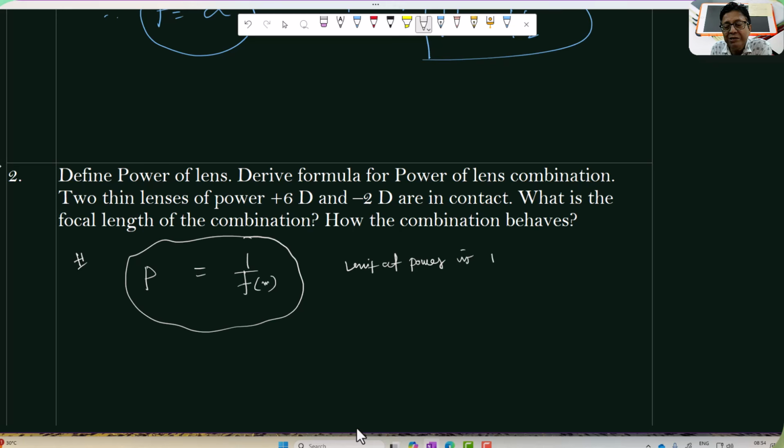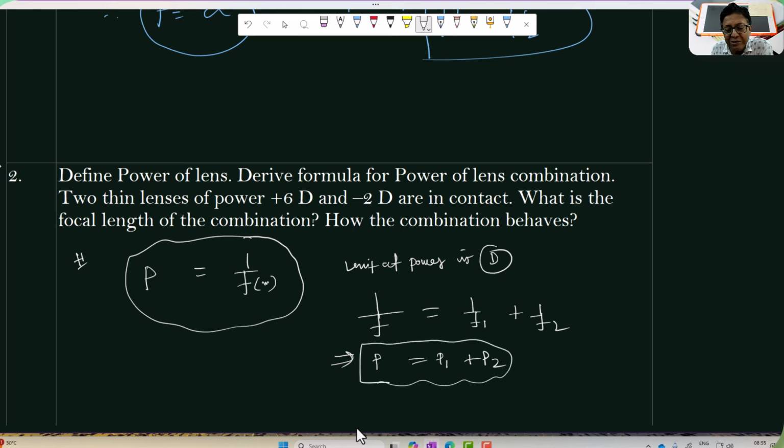We express it with this symbol D. So if we have the combined focal length 1 by f equal to 1 by f1 plus 1 by f2, and assume all are expressed in meter, then power in the first case will be P equal to P1 plus P2.